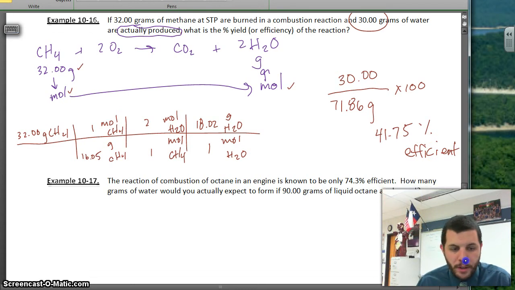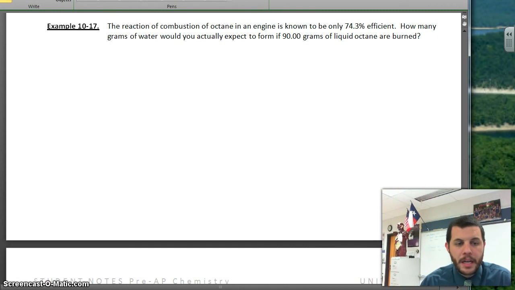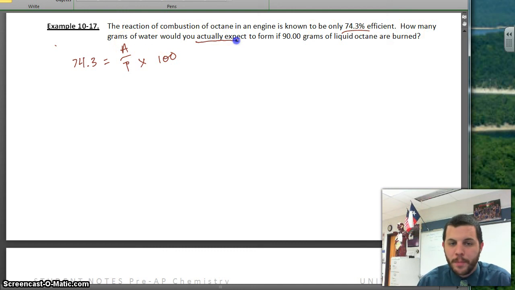Let's do one more of these problems just to make sure that you're awesome, and then that'll be it. This one says the combustion of octane is 74.3% efficient. So I know that 74.3 equals A over T times 100. How many grams of water would you actually expect to form?